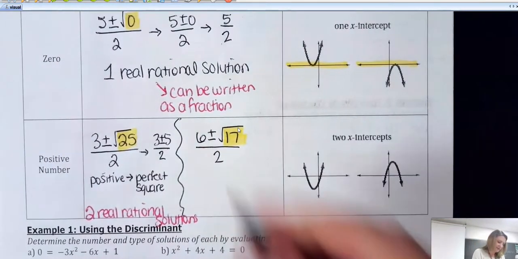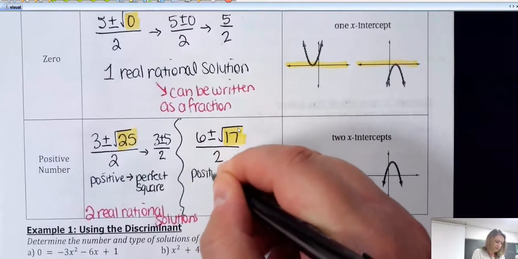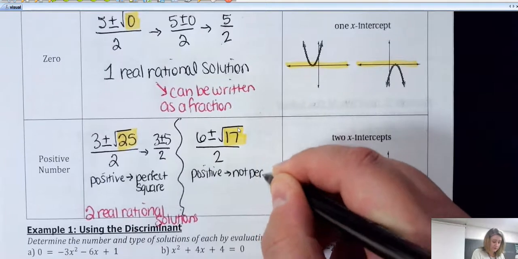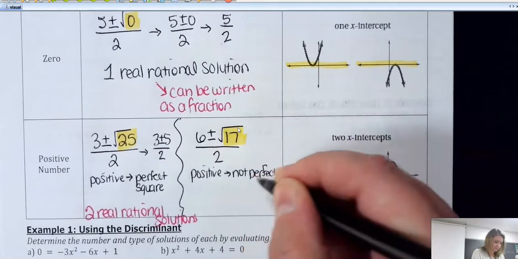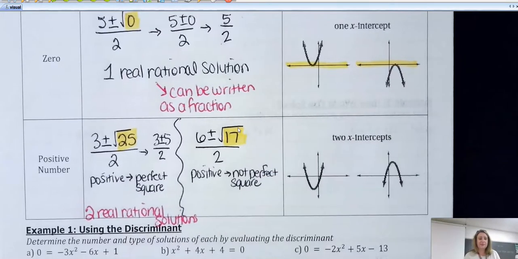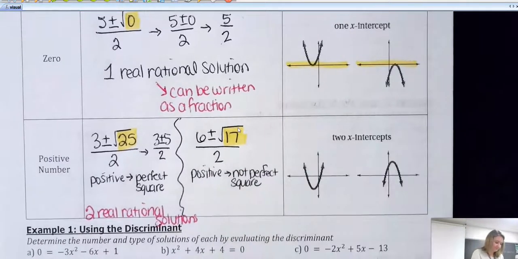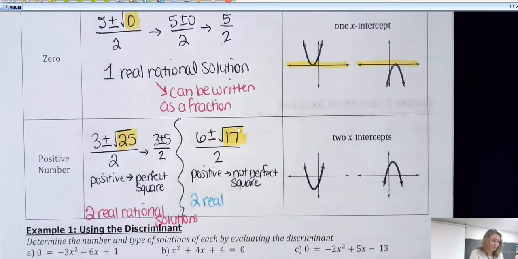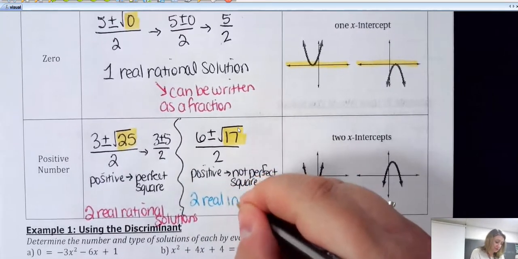So if it's positive but not a perfect square, so I couldn't take the square root. Or I could break it down. It could be something that I could break down, but it's not a perfect square, so the radical would not cancel out. You're still going to have two real solutions, but they are going to be irrational.